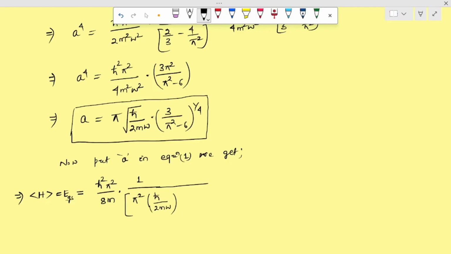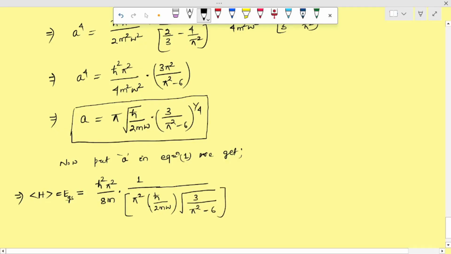So its square will be root over of 3 by π² minus 6. First term done.